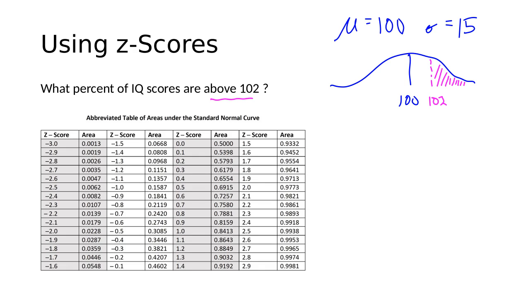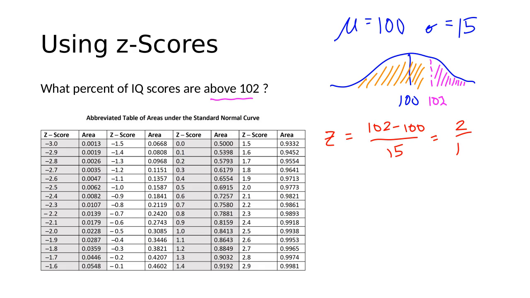The table I've got is going to give me the area to the left of 102. So I'm going to have to do one extra step in order to find the area that's above 102. But the first thing we'll do is find our z-score. So our z-score for 102 is going to be the data point minus the mean divided by standard deviation.